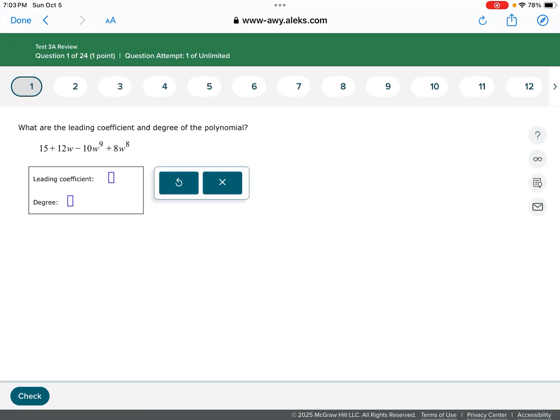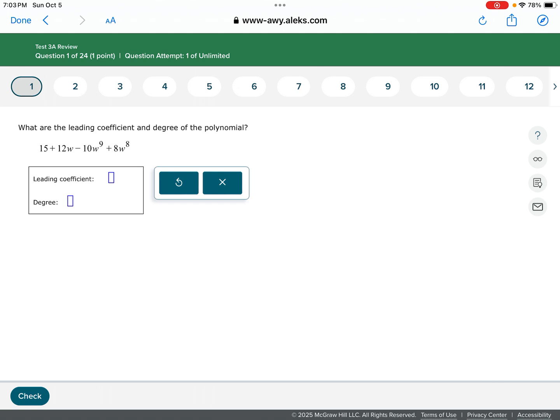So first question, what are the leading coefficient and degree of the polynomial? In this polynomial, we have four terms, meaning that there are four monomials. There's 15, there's 12w, negative 10w to the ninth, and 8w to the eighth.